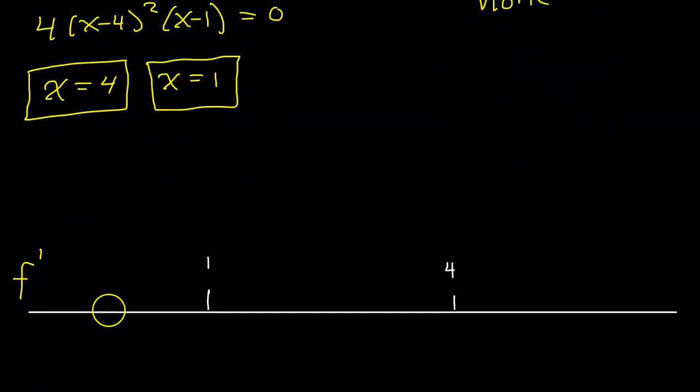So I think in this interval, I will use 0 as a test value. In this interval, I will use the number 2. And in the last interval, I will use the number 5.